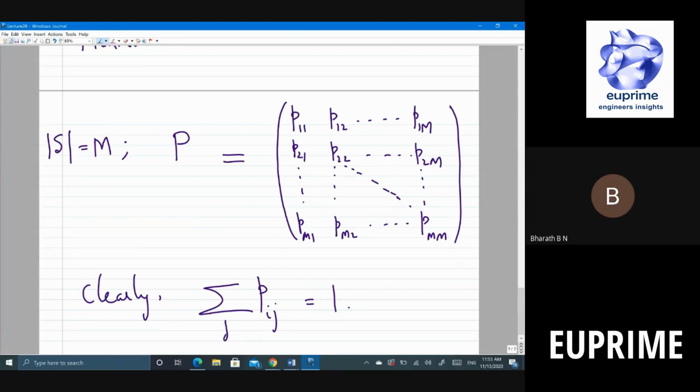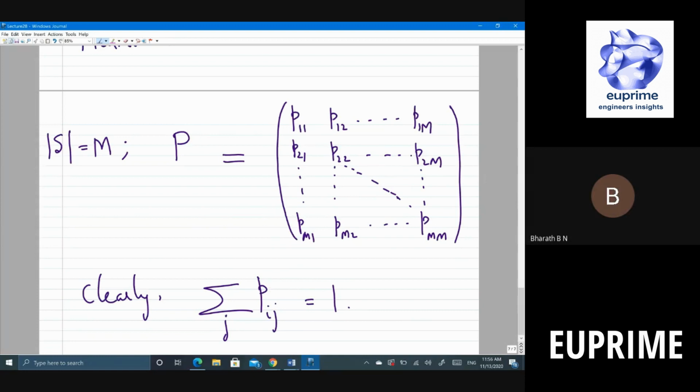So P_ij, summed over all j: you start at i and you go to some state j, and the sum is 1. Is that clear? Why is that? If you look at two events, you are going from i to state 1 and i to state 2, these two are disjoint, right? Because if you go to state 1, you cannot go to state 2.